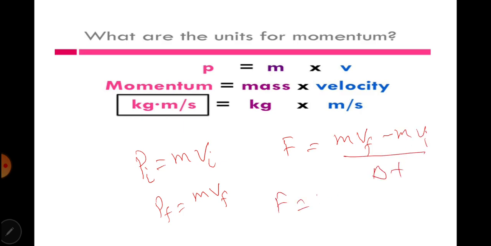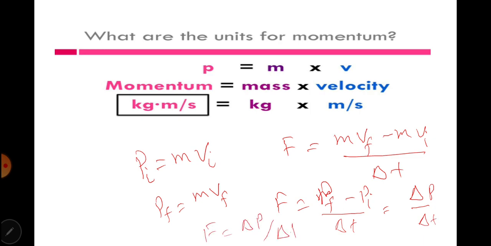So F is equal to pf minus pi, where pf means final momentum and pi means initial momentum, so del p divided by del t. So F is equal to del p divided by del t, where del p is the difference between final momentum and initial momentum.